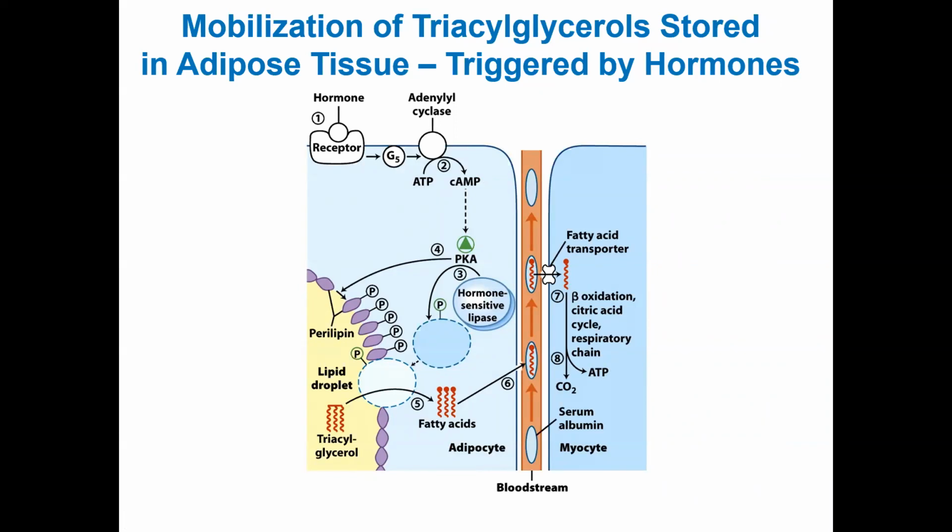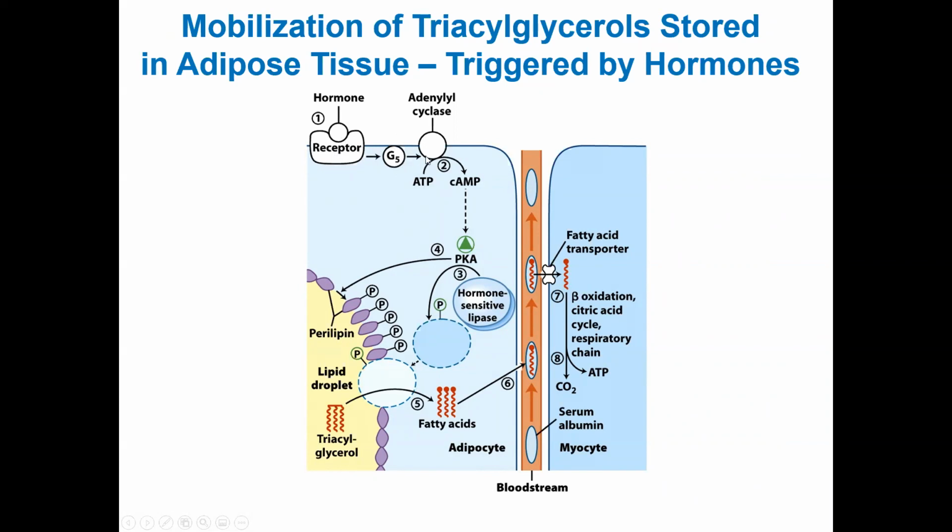So how is triacylglycerol mobilized? Whenever there are low levels of glucose in the blood, you know that it will trigger the release of glucagon. Glucagon will go and bind to the receptor in, let's say, the adipocyte membrane. Once glucagon binds, that receptor is a G protein coupled receptor that will get activated.